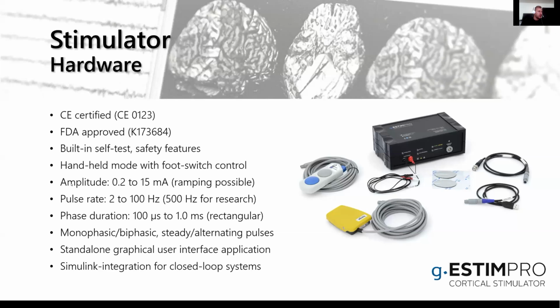Usually for symptomatic stimulation you utilize up to 100 Hertz. For some clinical research applications it's also possible to enable 500 Hertz stimulation, and the maximum stimulation phase duration is 1 millisecond positive and 1 millisecond negative. You can set monophasic or biphasic stimulation, and alternating or steady polarity.